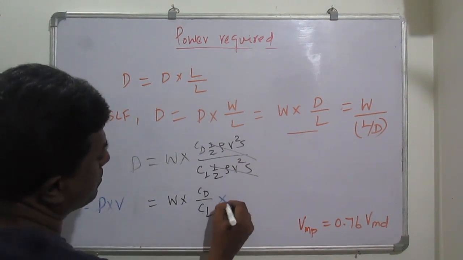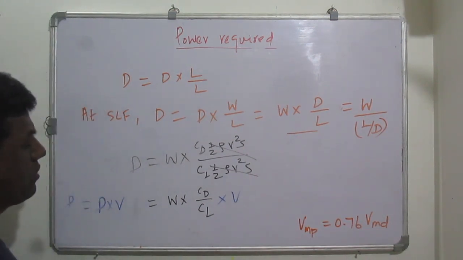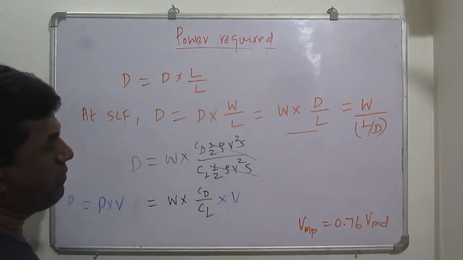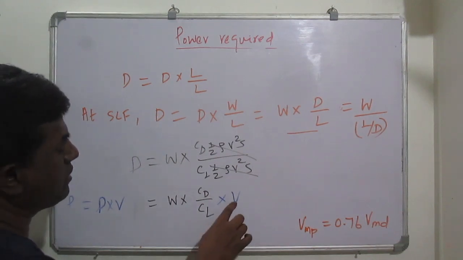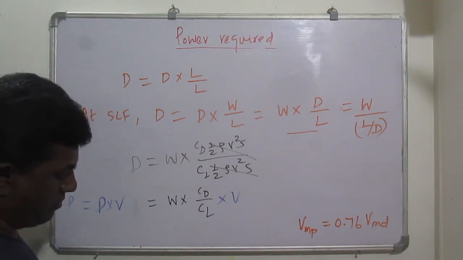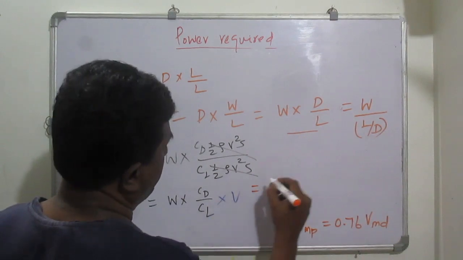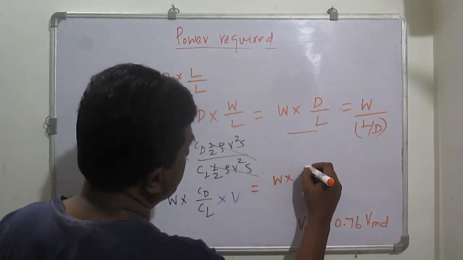So we know the equation of the velocity, and we can modify this as W into CD by CL.